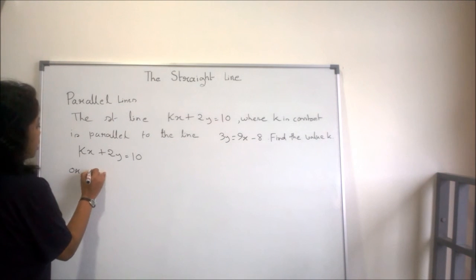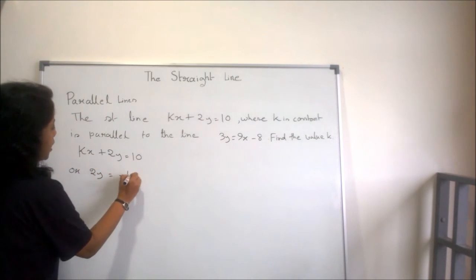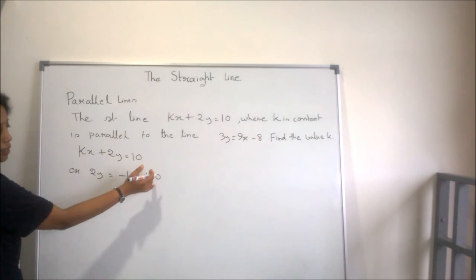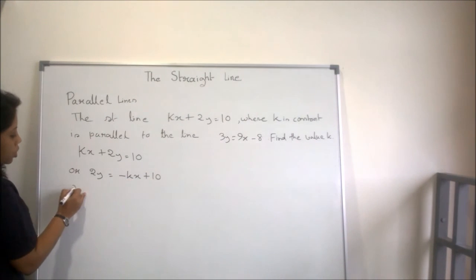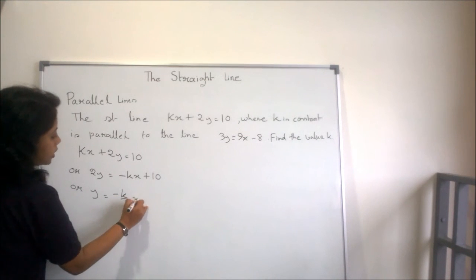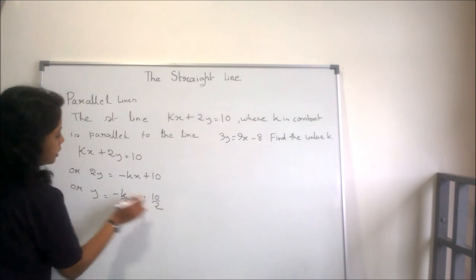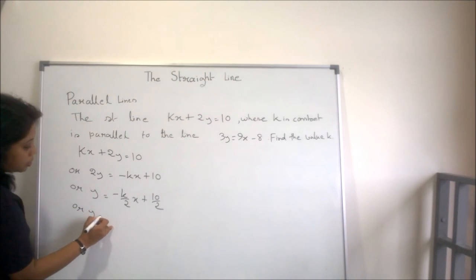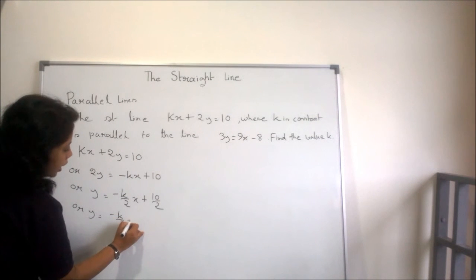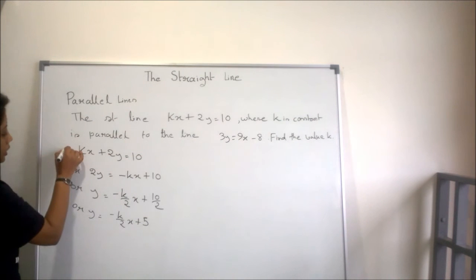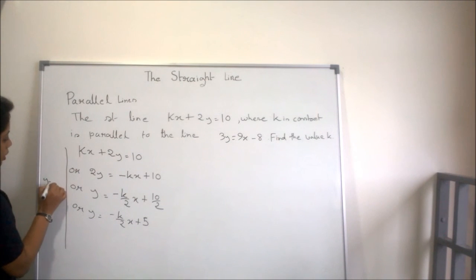So this is 2y is equal to minus kx plus 10. We take the kx on the other side, so this becomes minus kx. So this is y is equal to minus k by 2x plus 10 by 2. We divide by 2 on both sides. So this becomes y is equal to minus k by 2x plus 5. Hence, this becomes the general form of the straight line, y is equal to mx plus c.